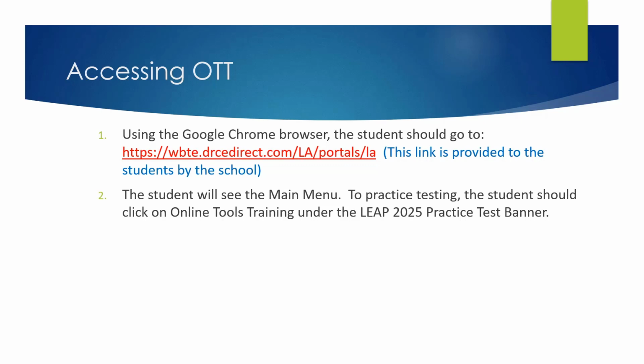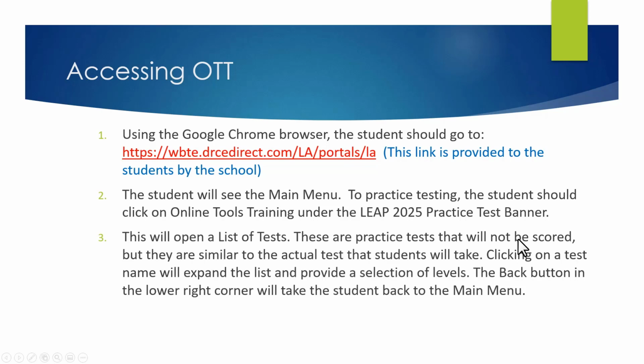And then when we actually go into the site, you will see the LEAP 2025 practice test banner. Number 3, this will open a list of tests, and these are practice tests that will not be scored, but they are similar to the actual tests that the students will take. Clicking on a test name will expand the list and provide a selection of levels.